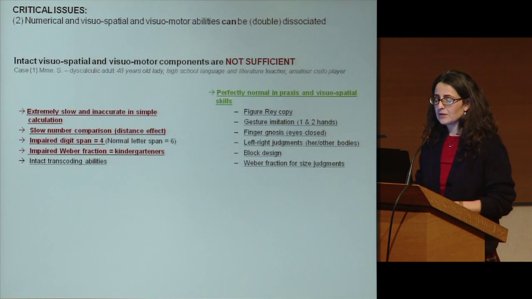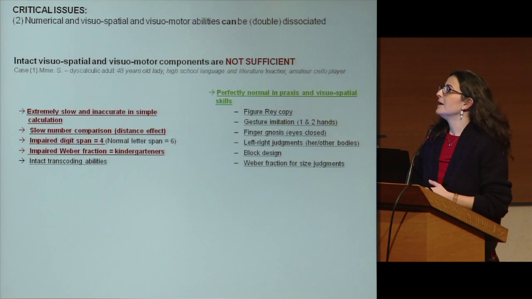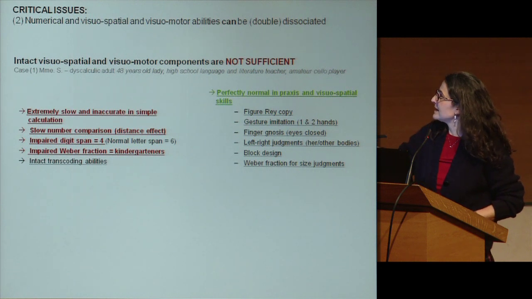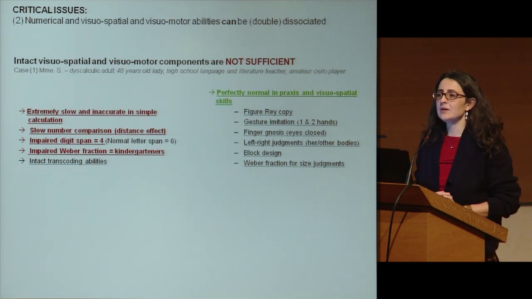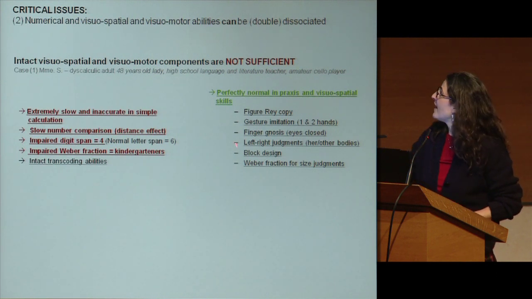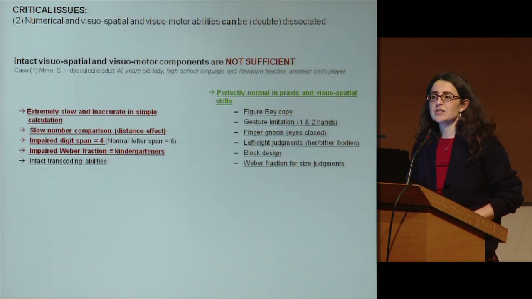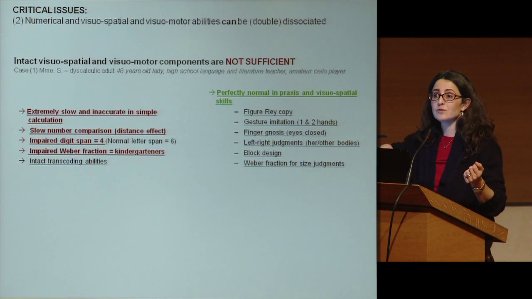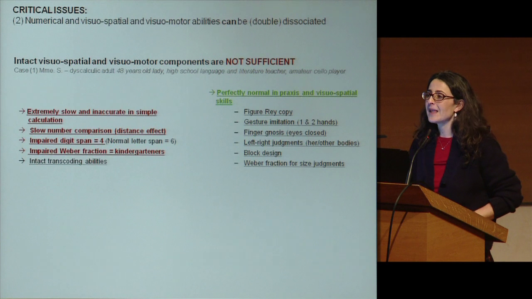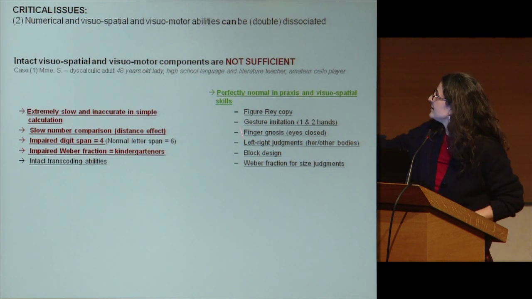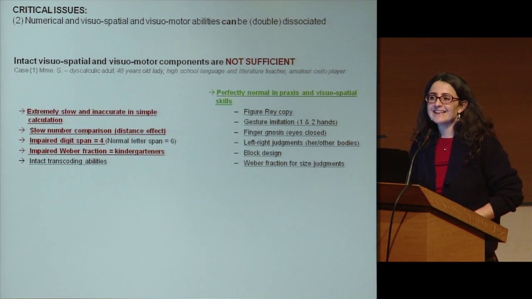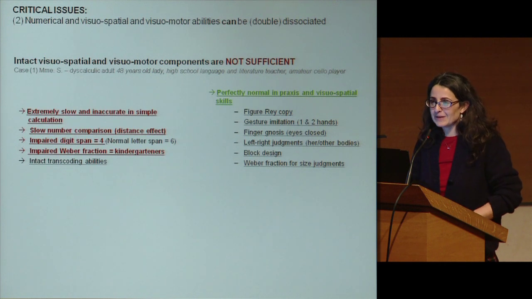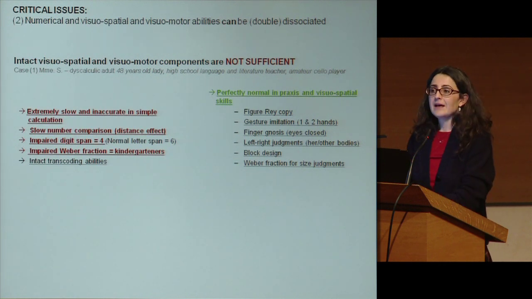So from one side of the coin, here an example of this Madame S that I discussed with you before, a deeply dyscalculic subject, but who has perfectly fine visuospatial and praxic ability. As a matter of fact, she's also playing the cello. But on top of playing the cello, I tested her with a bunch of tests for visuospatial and visuomotor ability, and she's perfectly fine with it.